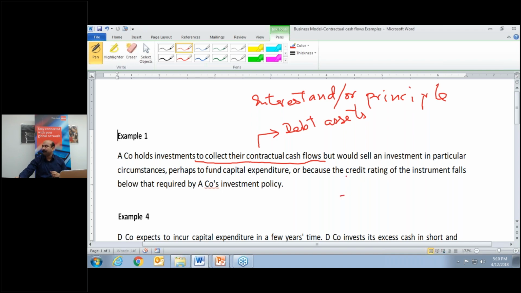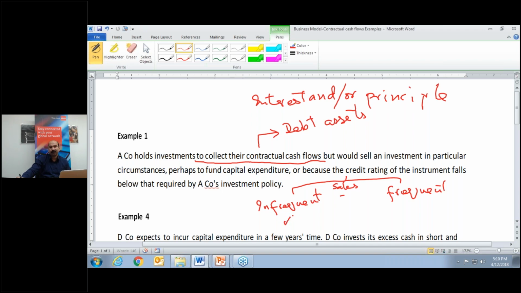This means there will be two conditions: sales of these assets are infrequent, rare, and the other is frequent. See, the objective of a company is to hold the financial asset and collect the contractual cash flows. Some sales would not contradict that objective for whatever reason.